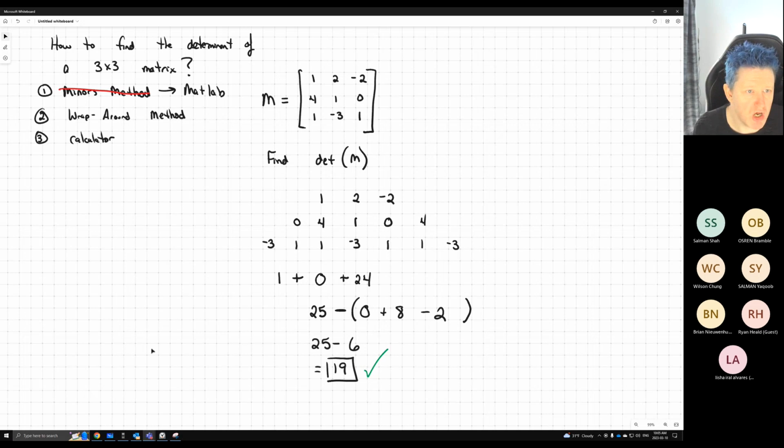All right. So now that we know how to find it, let's do one more where we find the determinant of a matrix using the wraparound method.